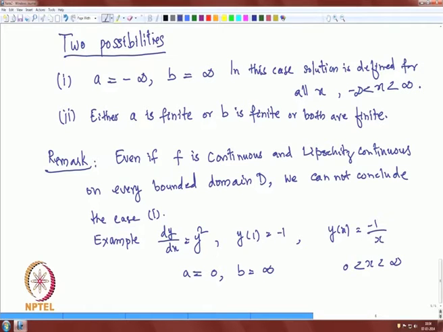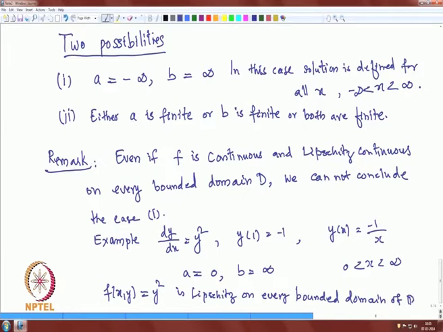So, remember f of x y, which is equal to y square, is Lipschitz on every bounded domain of R2. But note that F is not Lipschitz on an unbounded domain.